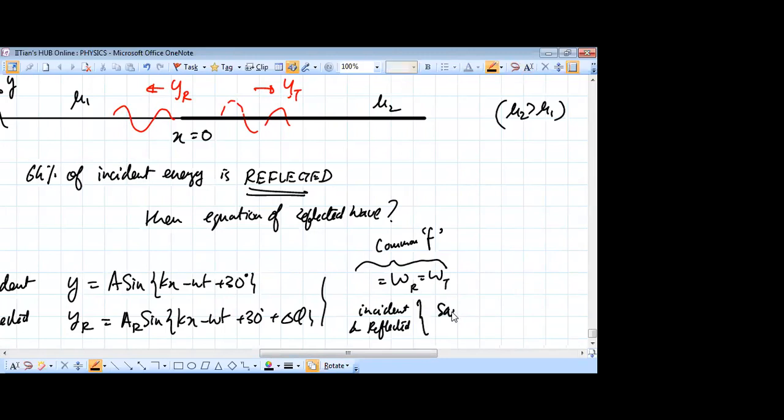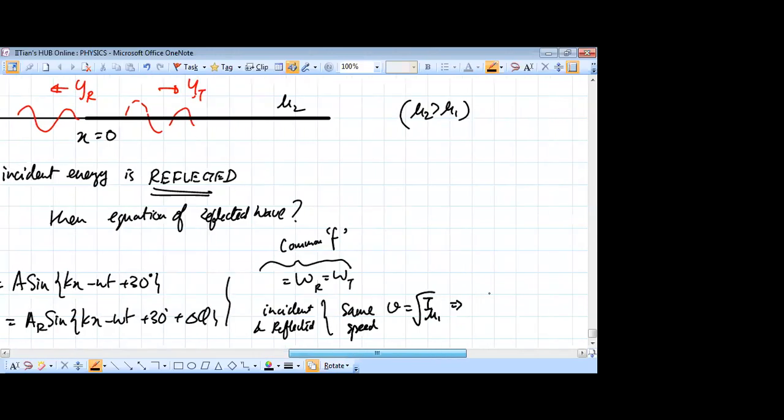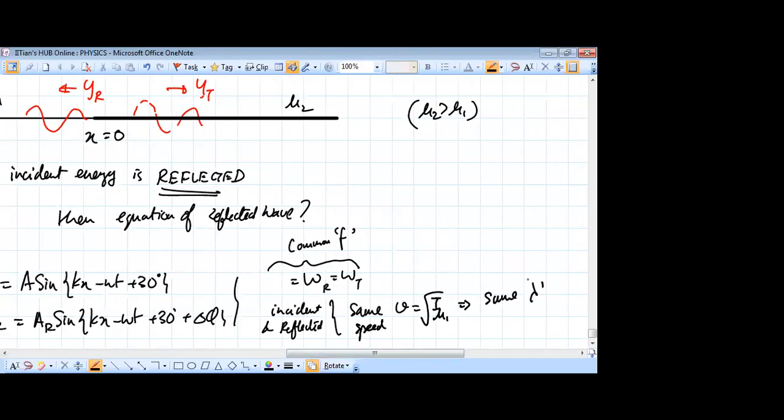The direction is not the same, because one is positive and one is negative, but the magnitude of the wave velocity, the wave speed, is square root of T by mu1. So they have the same k, the same lambda and the same T.